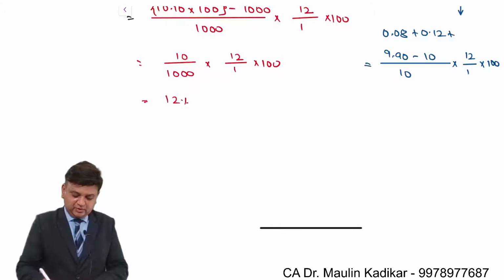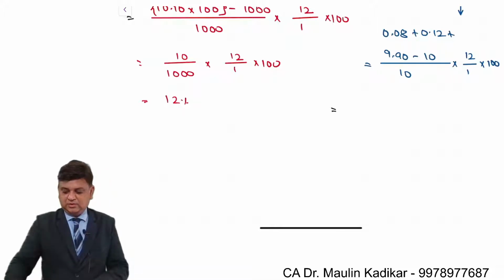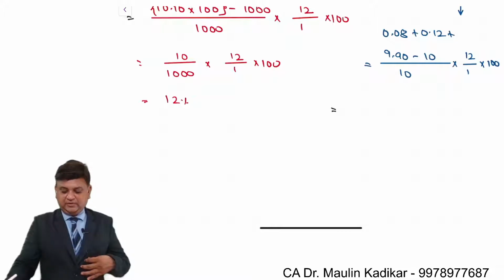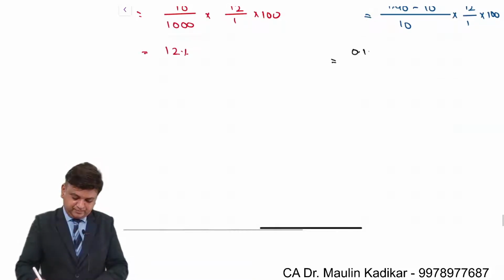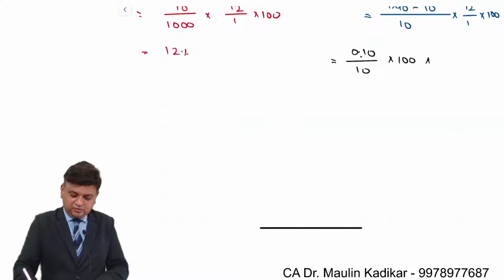This is the way we are required to compute the answer. So please use your calculator. 0.08 plus 0.12, that comes to 20 paise, plus 9.9, 10 rupee 10 paise, minus 10, that is 10 paise, divided by 10 into 100 into 12 divided by 1.